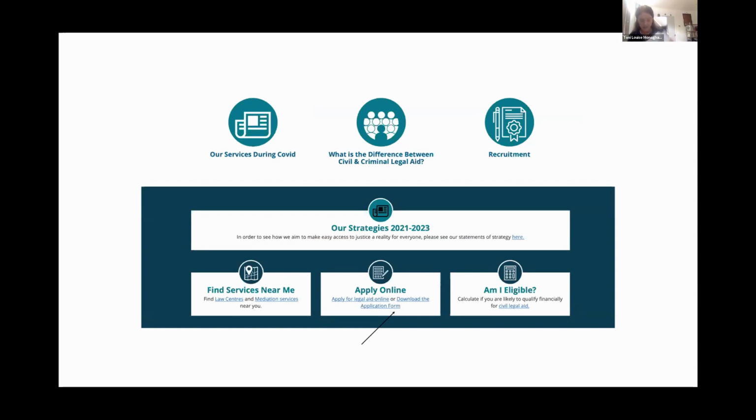You can call into the centre, obviously subject to COVID at the moment, or you can phone up. If you phone up, what we often say to clients is make sure it's the applicant that's phoning up, the person that wants legal aid. Sometimes a concerned grandparent rings up on behalf of an adult child who's having access issues, something like that.